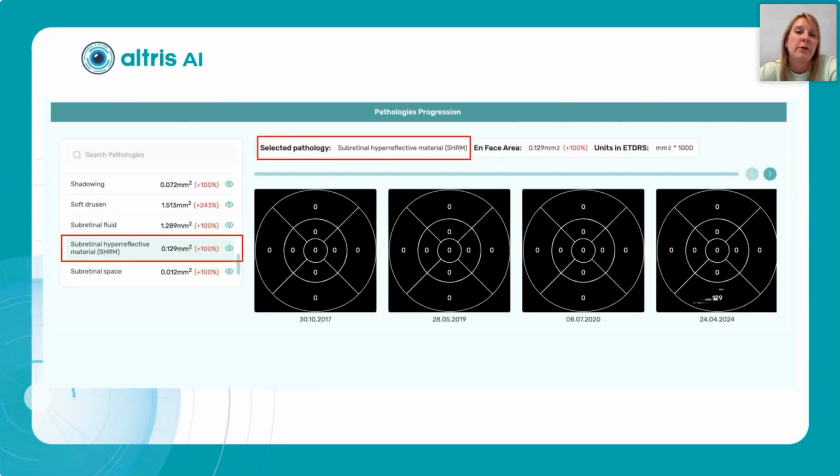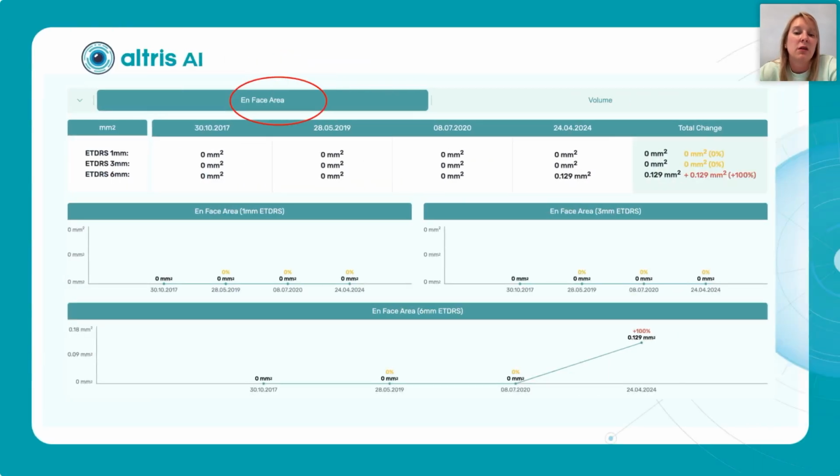Then the next biomarker that was not typical for dry AMD and not typical for GA is subretinal hyperreflective material, or SHRM, which also usually corresponds to choroidal neovascularization, and it also appears in almost the same area on the 4th visit, in the lower part of the macular area, and also we can see the calculations and appearance during the 4th visit.